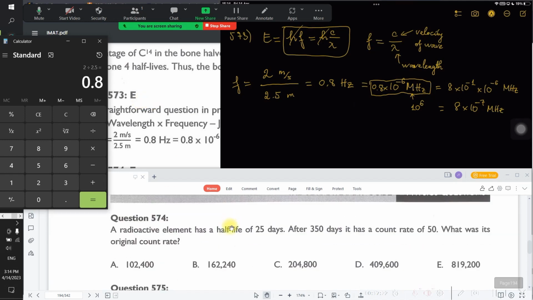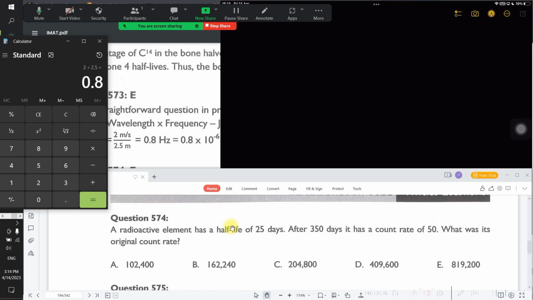Alright, let's move on now. Question 574. Câu 574. A radioactive element has a half-life of 25 days. After 350 days, it has a count rate of 50. What was its original count rate?